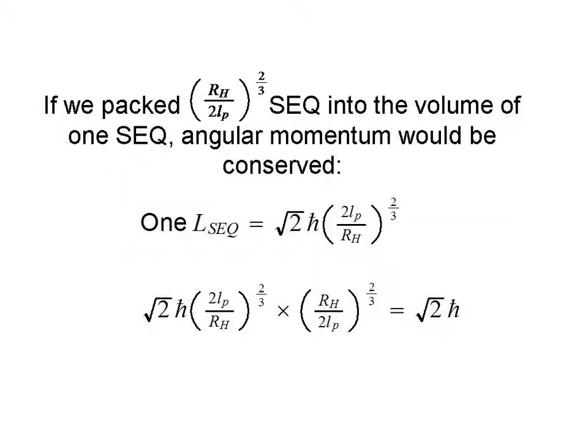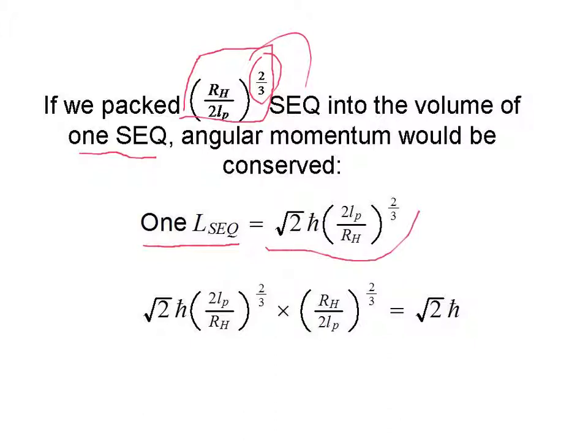Now, if we packed r sub h over 2lp to the 2/3 power, that number of SEQ, into the volume of 1 SEQ, angular momentum would be conserved. So we take our value for the angular momentum of 1 small energy quantum and multiply it by r sub h over 2lp to the 2/3 power, and these cancel out, and we get our conserved angular momentum.